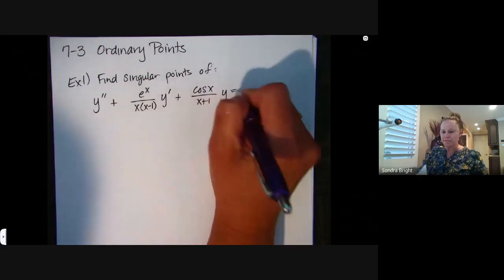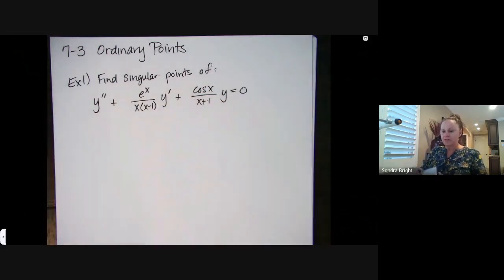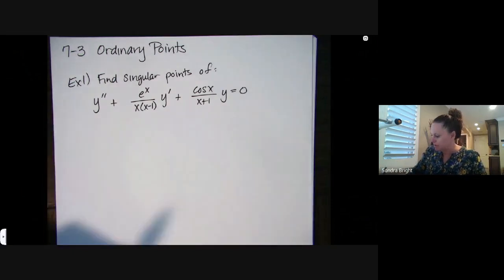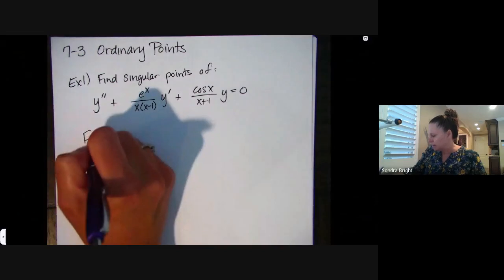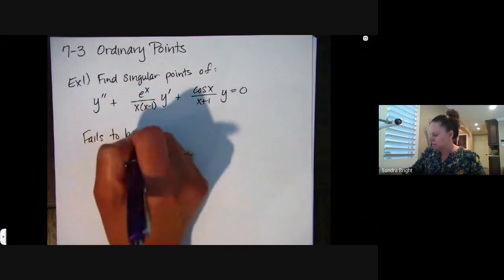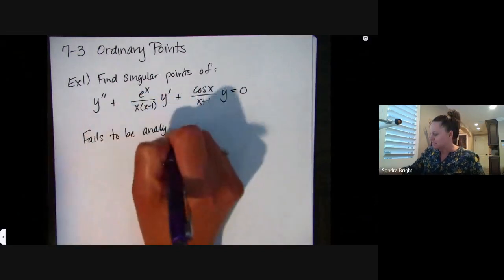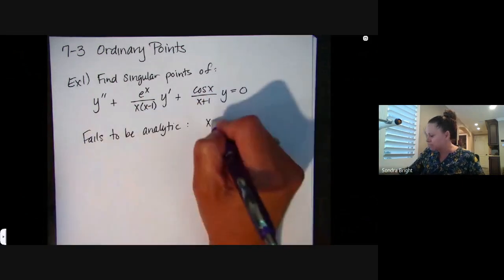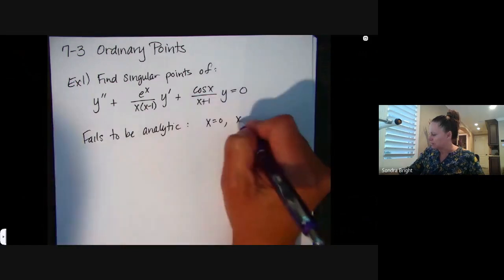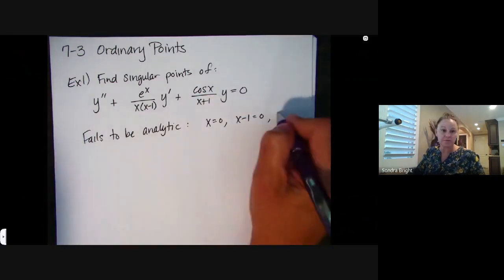All right, so you've got singular points where it fails to be analytic, and it fails to be analytic when the denominator is 0. So when x equals 0, when x minus 1 equals 0, and when x plus 1 equals 0. There's where it fails to be analytic.